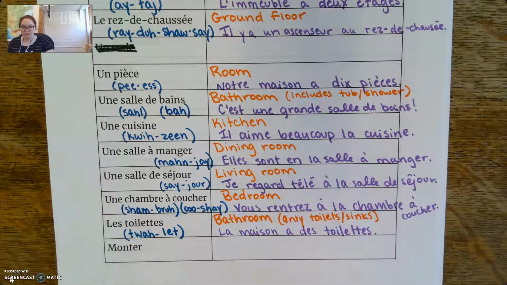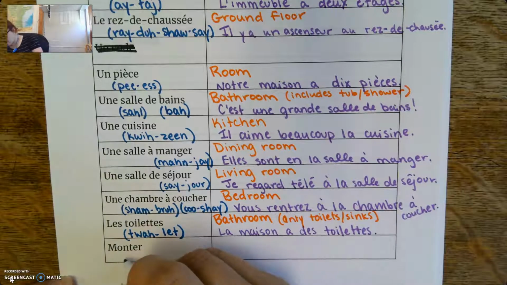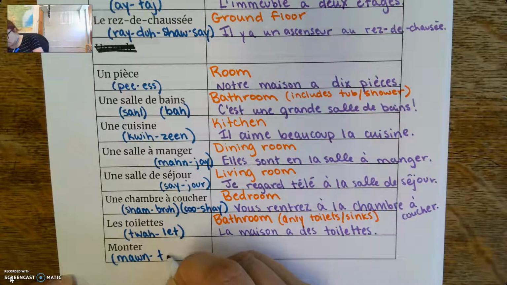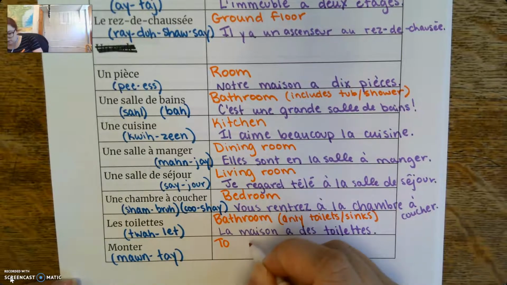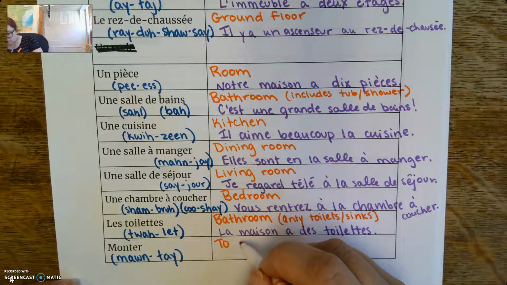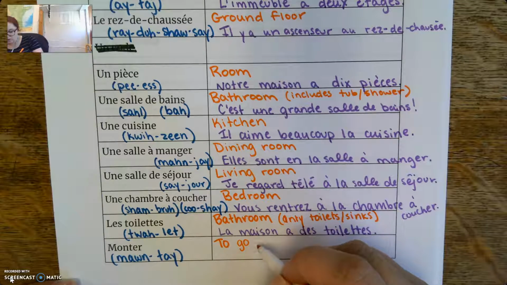So now we're going to head into our new ER verb here, monter. And you would use this with les escaliers or un ascenseur. So this is to go or to climb up.